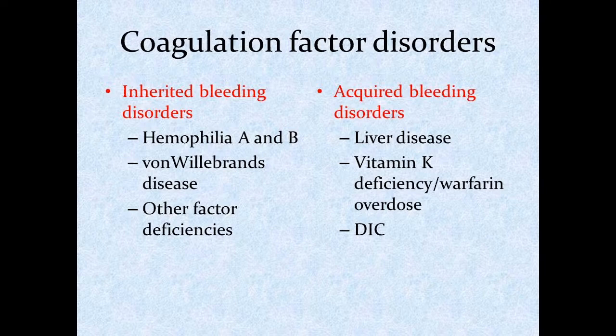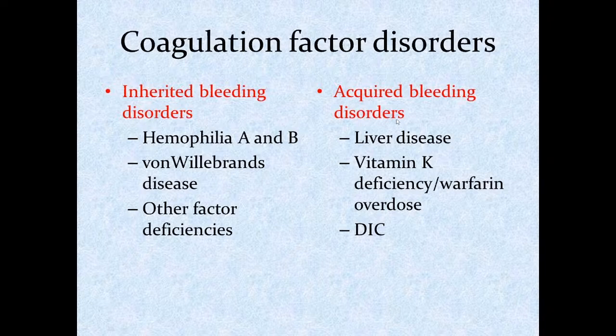We have two groups of coagulation factor disorders. The first group is inherited bleeding disorders, and the second group is acquired bleeding disorders. Inherited bleeding disorders are such as hemophilia A and B, von Willebrand's disease, and other factor deficiencies.